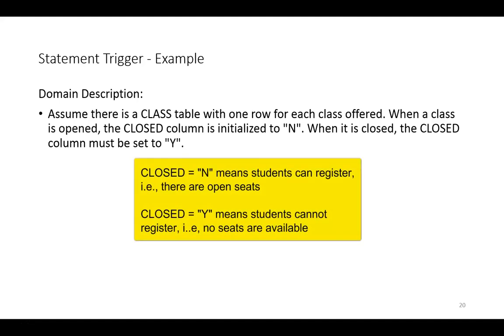When a class is opened and available for students to register, that is, it's not yet at capacity, there's a column in this table called closed, which will have a value of n, saying it's not closed. But when we reach capacity, we don't allow any additional students to register. So we want this column called closed to be changed to a value of y to signal that yes, it is closed, it's at capacity.